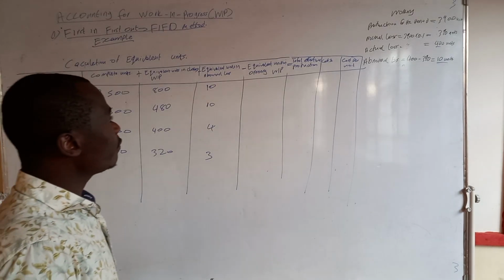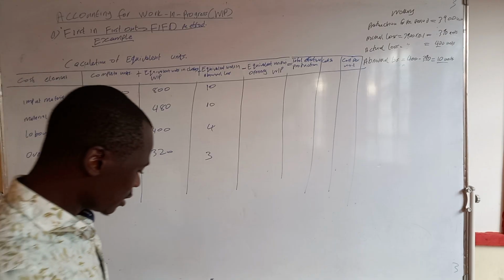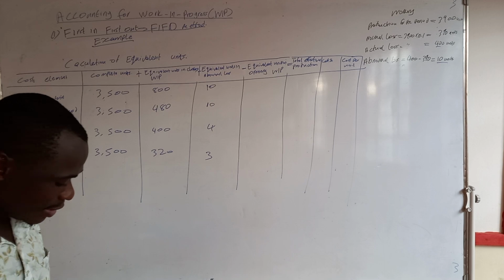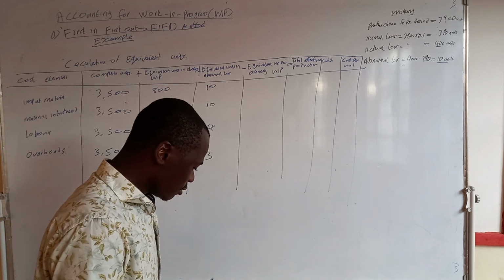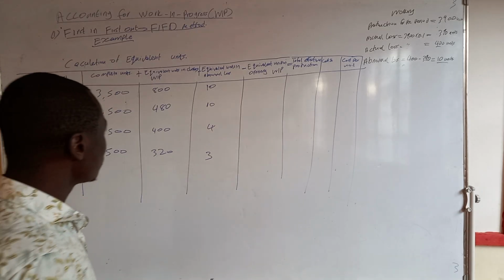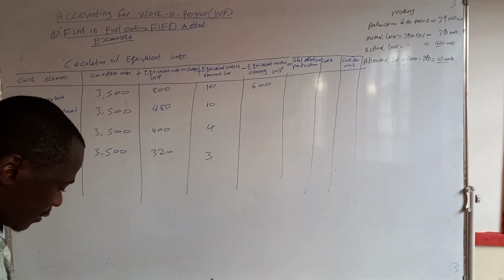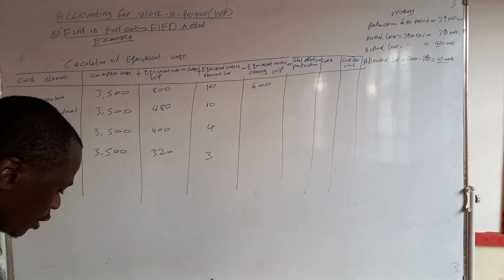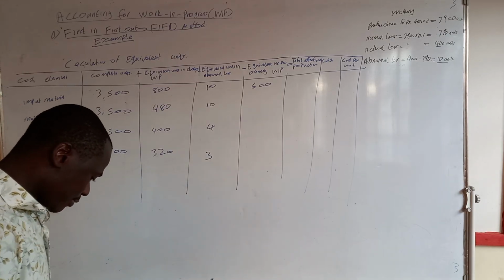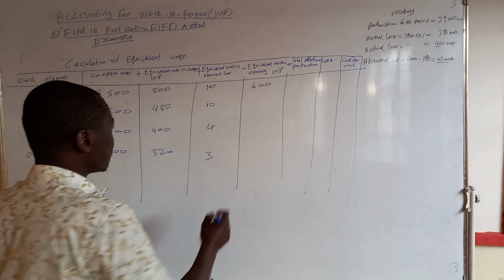Now, we go to equivalent units in opening work in progress. We were told there were 600 units. In terms of input material, they were 100% complete, so this was 600. Material introduced, we are told, was 60%, so that is 600 times 60%, which gives us 360.